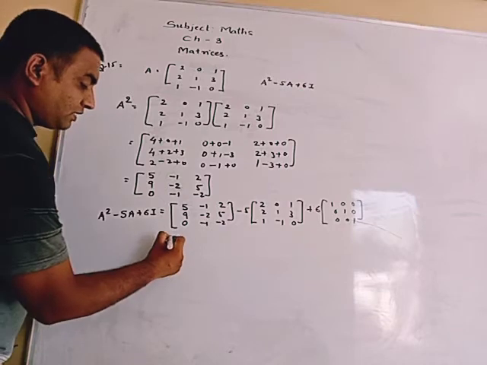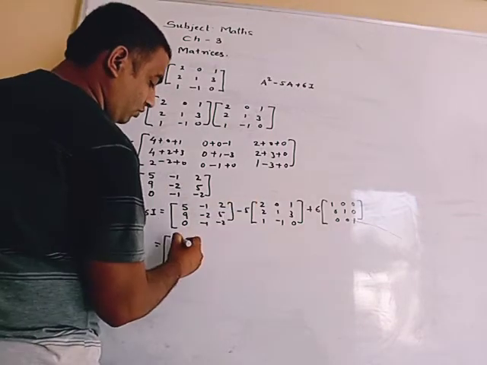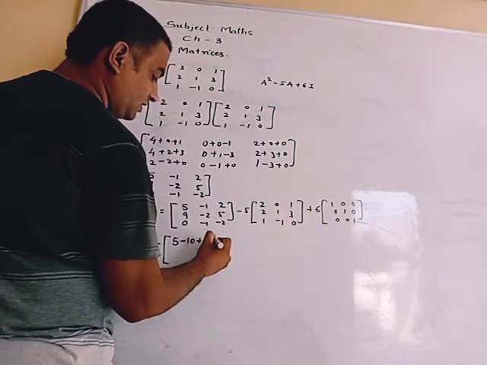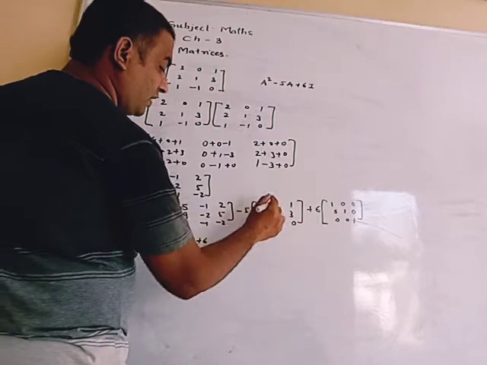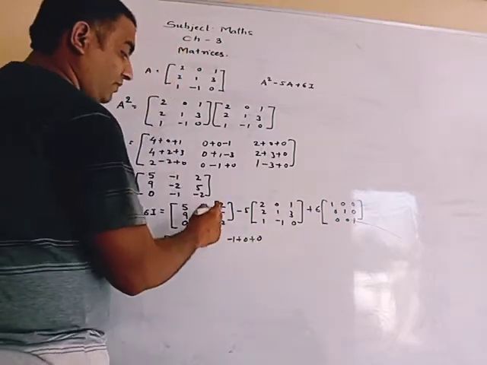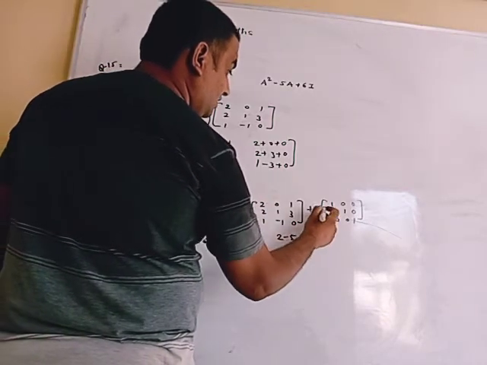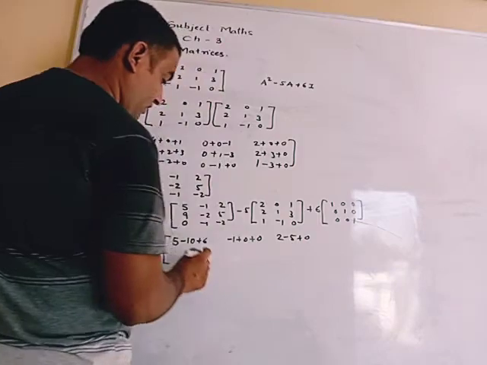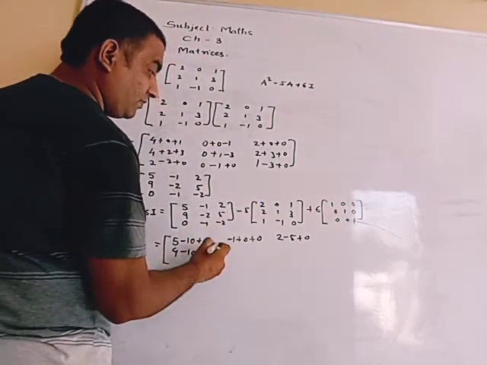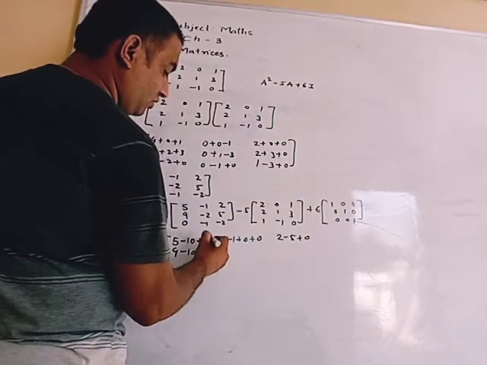So we simplify. 5 minus 5 into 2, minus 10, plus 6 into 1, 6. Minus 1 minus 5 into 0, 0, plus 6 into 0, 0. 2 minus 5 into 1, minus 5, and 6 into 0, 0. 9 minus 5 into 2, minus 10, and 6 into 0, 0.